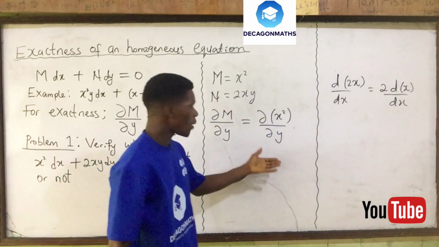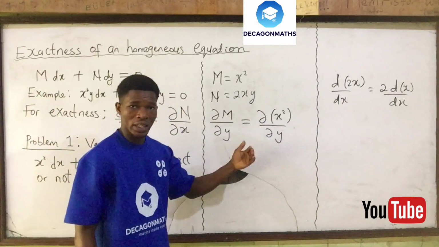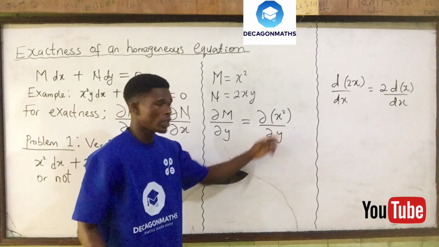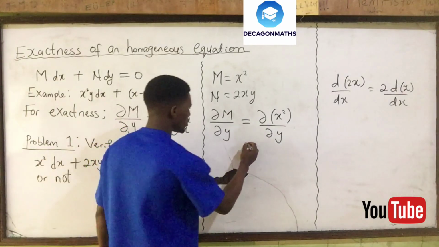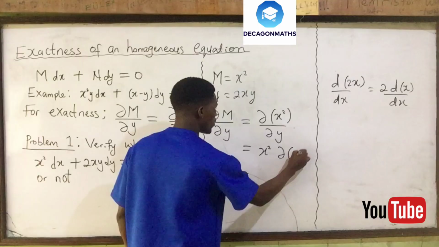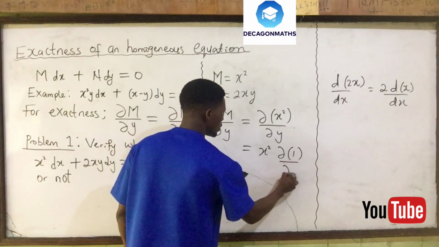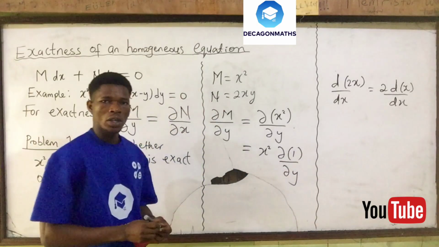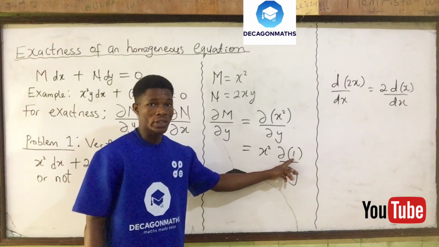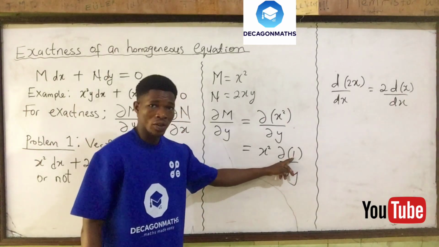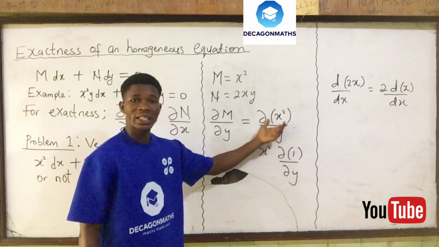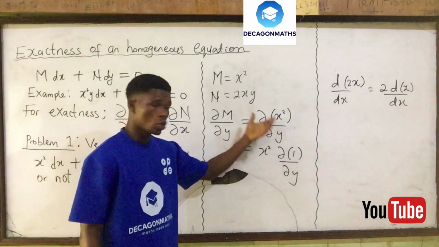So the same thing will happen here. Since x squared is a constant now, because we are differentiating with respect to y, I can write it like this: x squared, then we have just 1 here, with respect to y. Now it is very easy for us to see that the derivative of this will be 0, because 1 is a constant. So since x squared is taken as a constant, it will be 0.